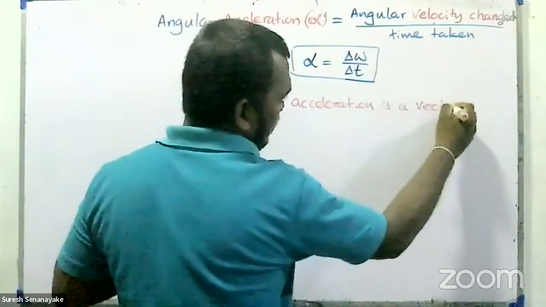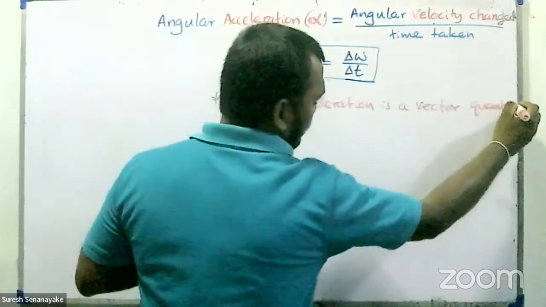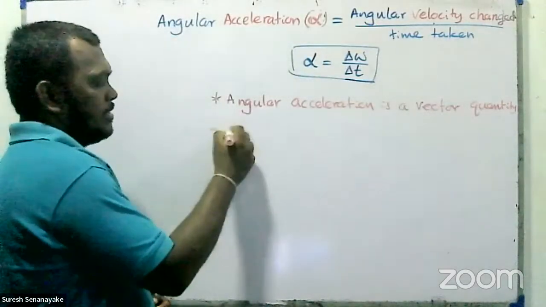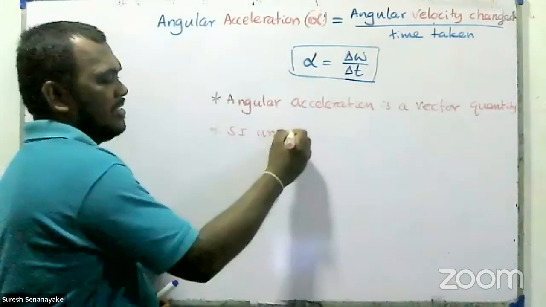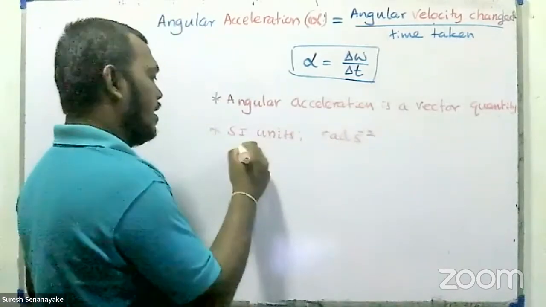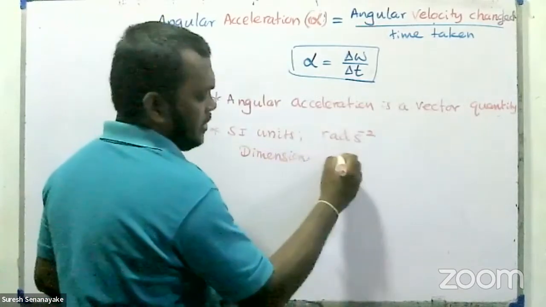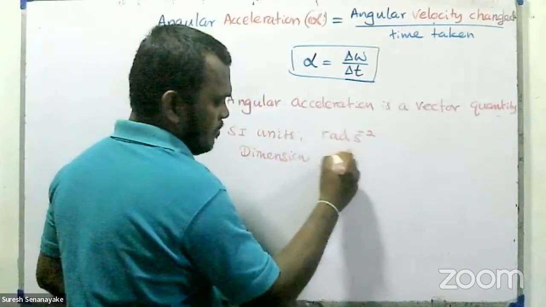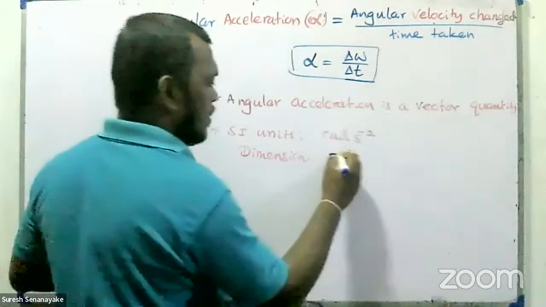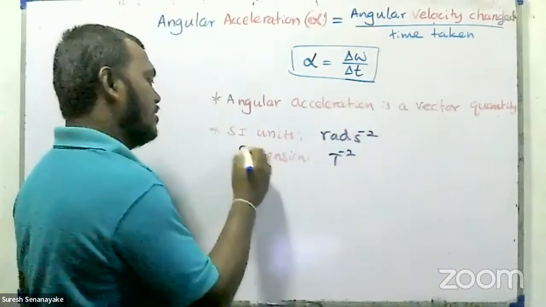Then write the SI unit: radians per second squared. The dimension is T to the power minus 2.